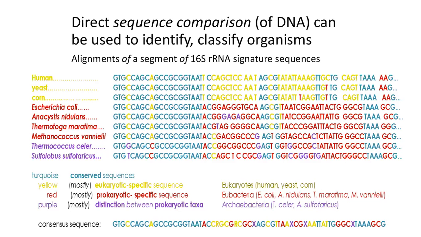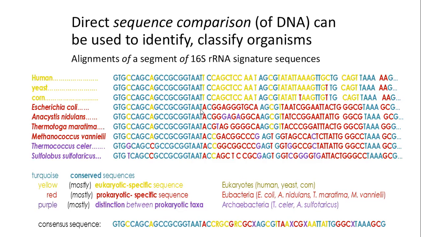All right, so we talked briefly about sequence comparisons of DNA used to identify and classify organisms. And I talked about this ribosomal RNA sequence they have here. This little r stands for ribosomal. So you can see here we've got a human, a yeast, and corn, okay? And these three things are eukaryotic, all right? Then we've got the prokaryotics, which are in red and purple.